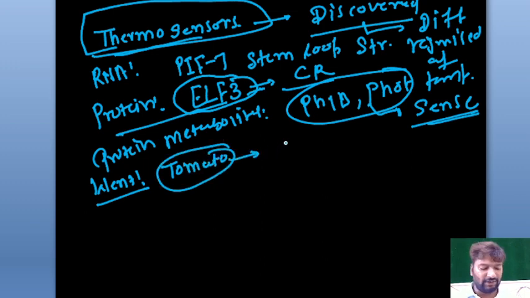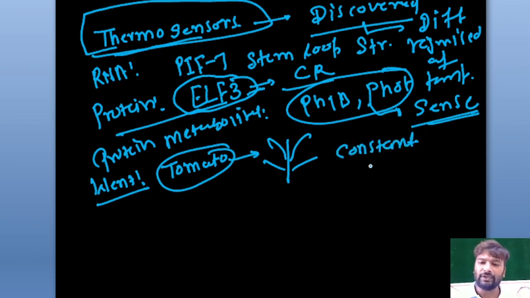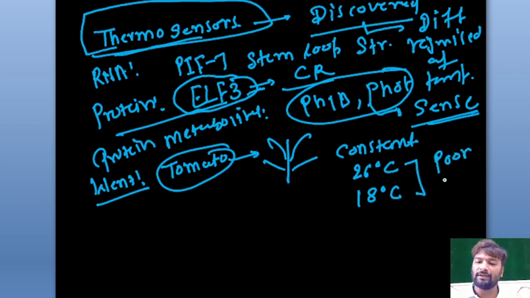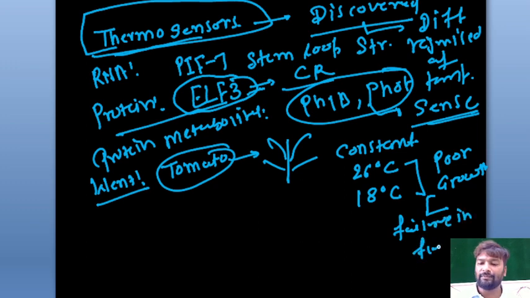What he observed is that if we kept a plant in a constant 26 degree centigrade or constant 18 degree centigrade, then there will be very poor growth. Also, there will be failure in flowering and fruit setting.